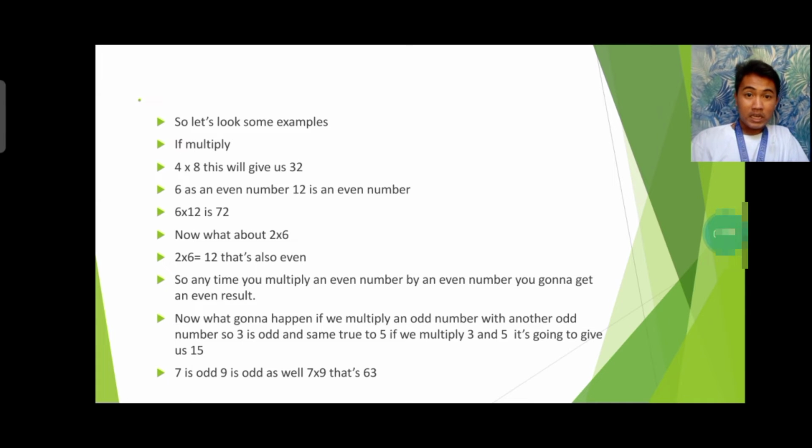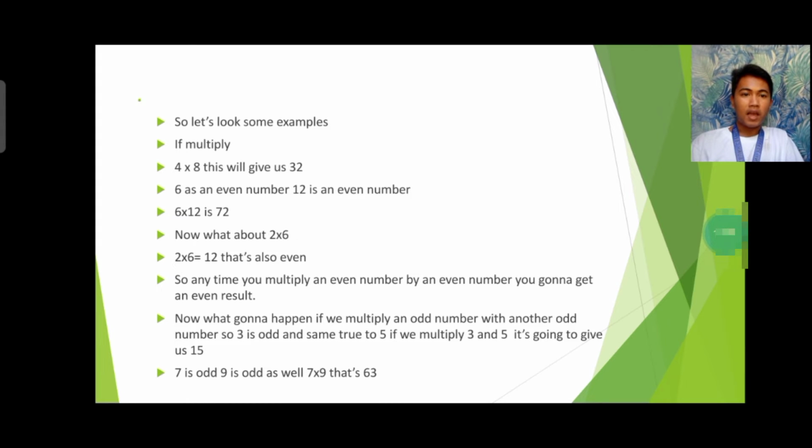So 32 is an even number. 6 is an even number, 12 is an even number. So 6 times 12 equals 72. So 72 is an even number. Now, what about 2 times 6? 2 times 6 equals 12. So that's also an even number. So anytime you multiply an even number by another even number, you're going to get an even result.